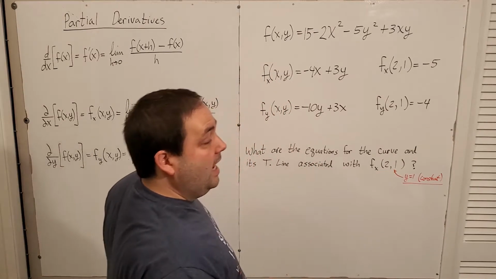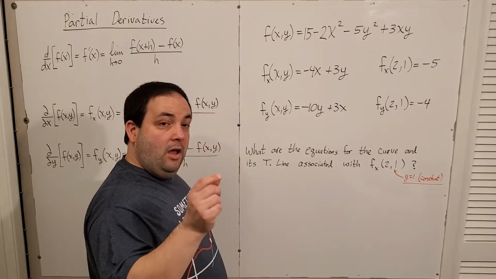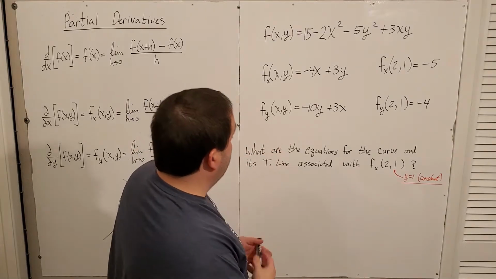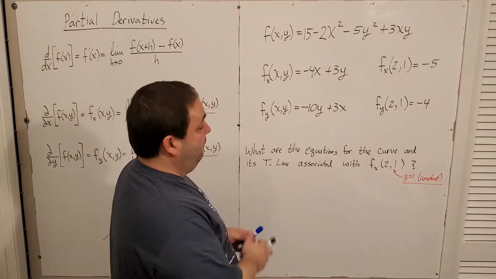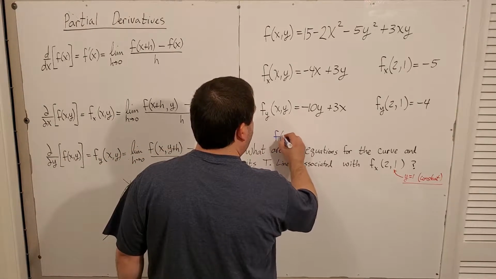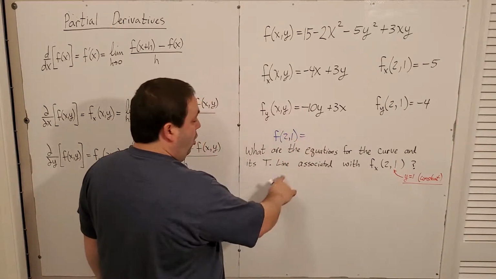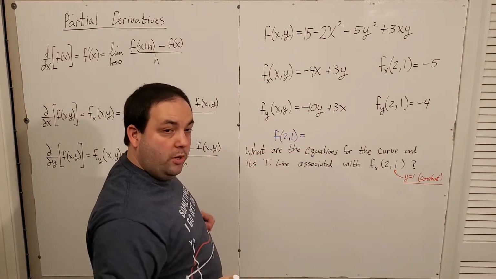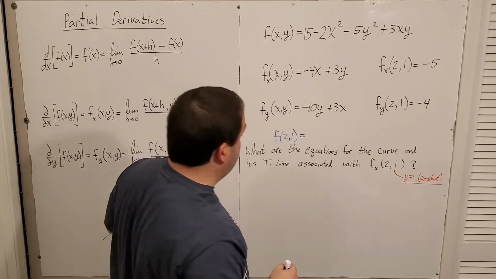Okay, the next thing I need is the point on the surface that we're questioning here. So I need to calculate f(2, 1). I need f(2, 1) so that I know what point the tangent line is hitting and what point the curve is going through, so I can create the equations.